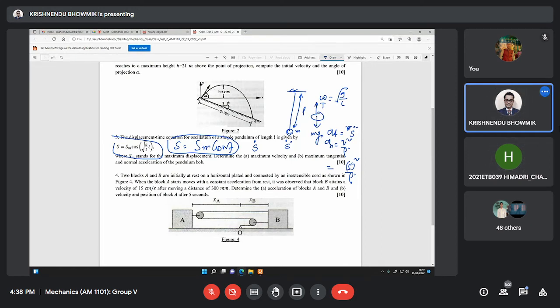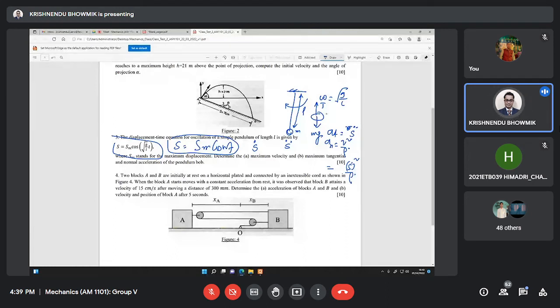And it is having some rotation like this, T, mg. If it rotates like this, due to this movement, T will be higher.